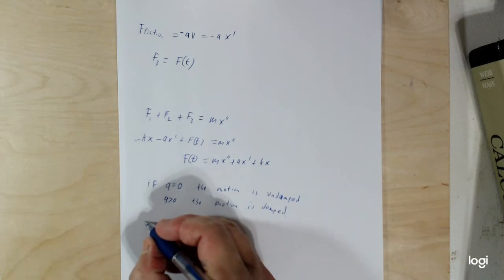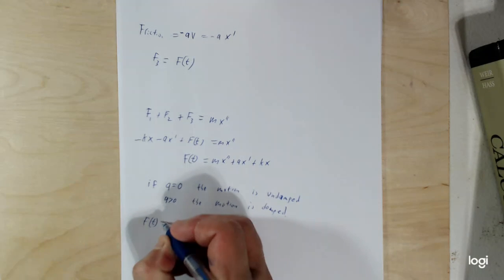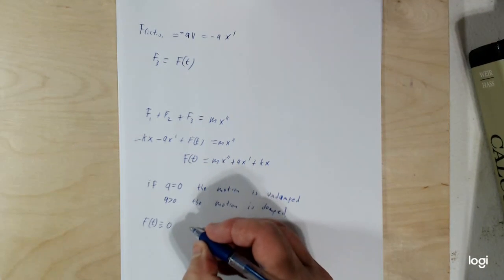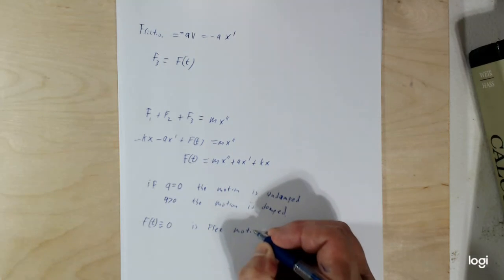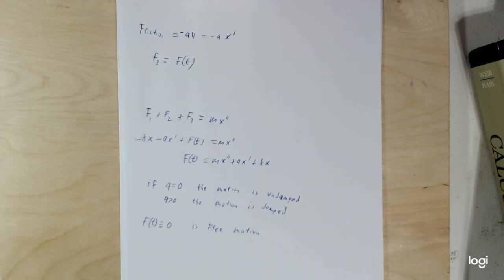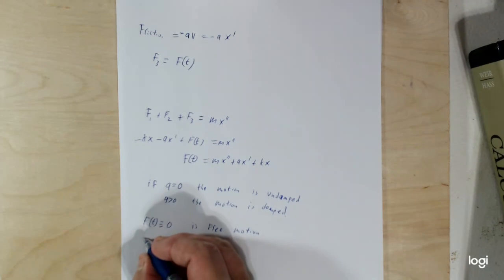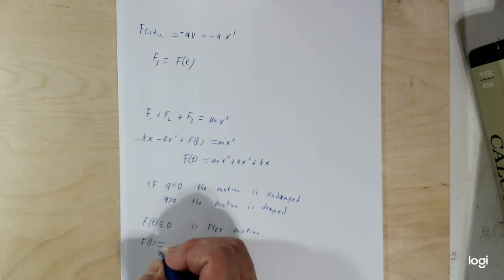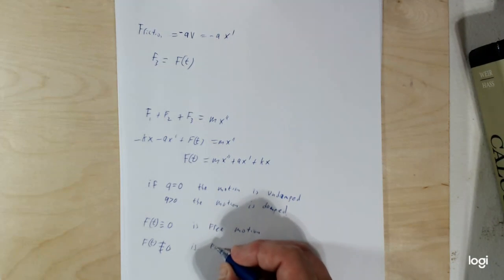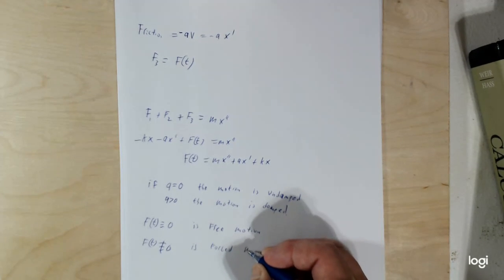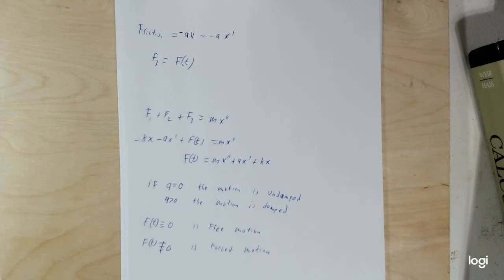If f of t is the zero function, we have free motion. And if f of t is non-zero, it's forced motion. Okay, so that's the terminology we're going to use.